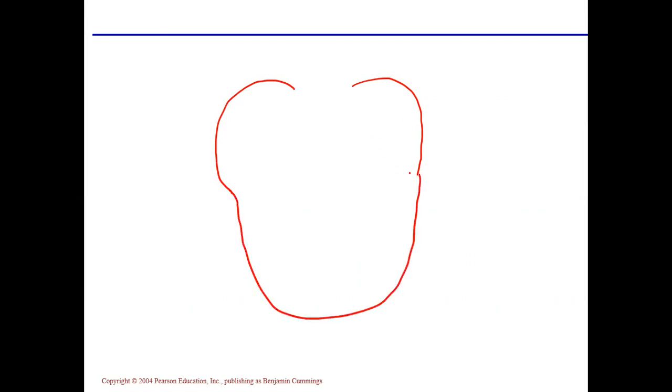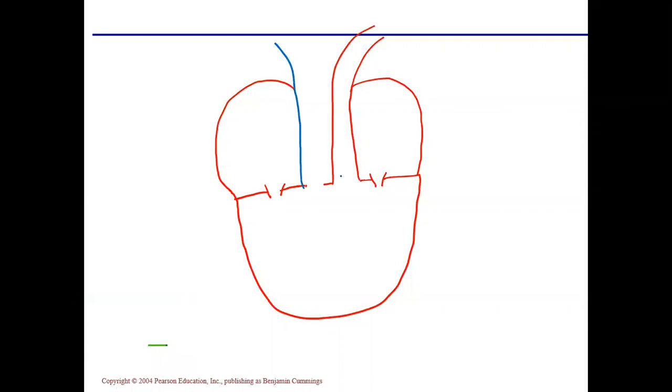Here are the AV valves, here is the aortic arch, and that would be the pulmonary vessel.